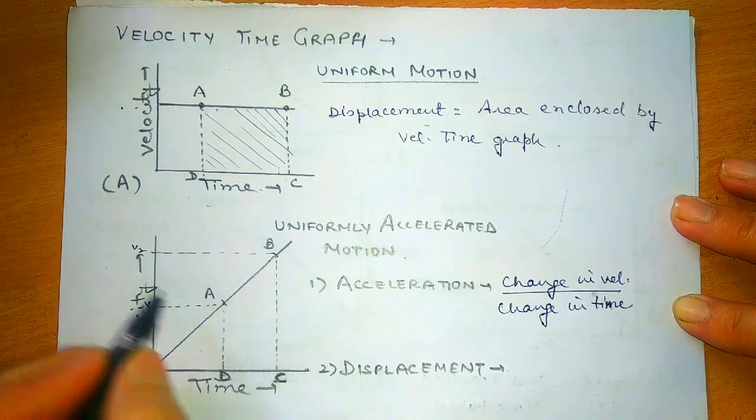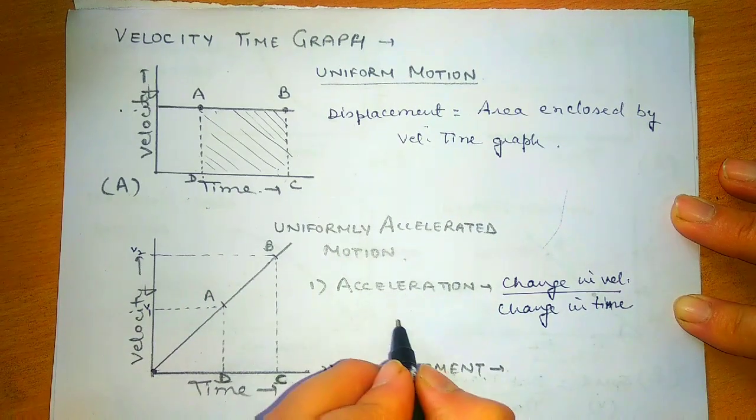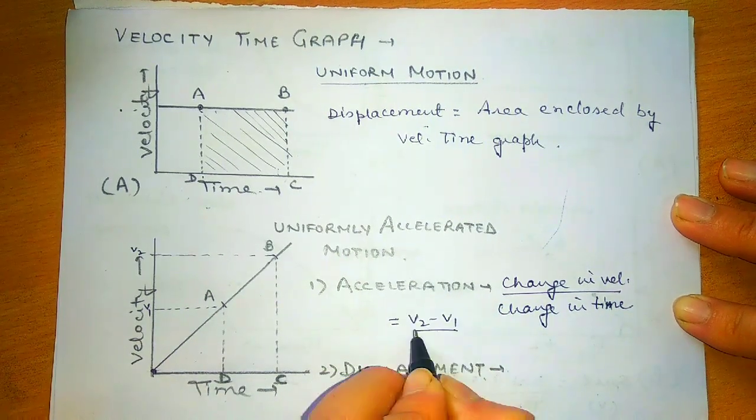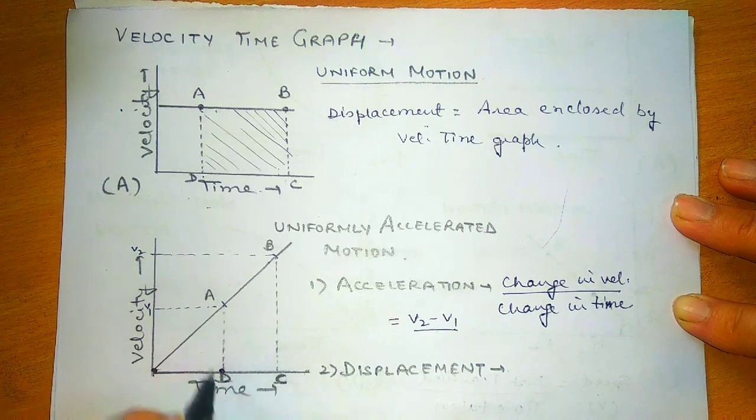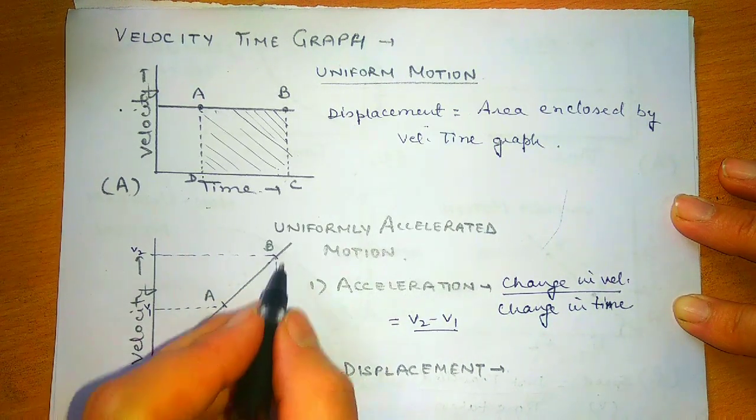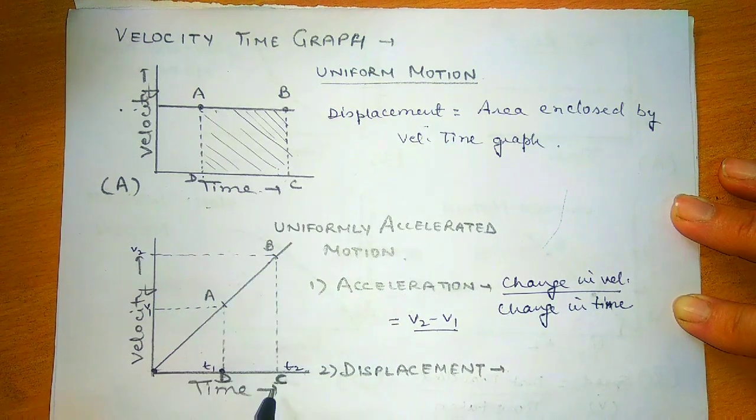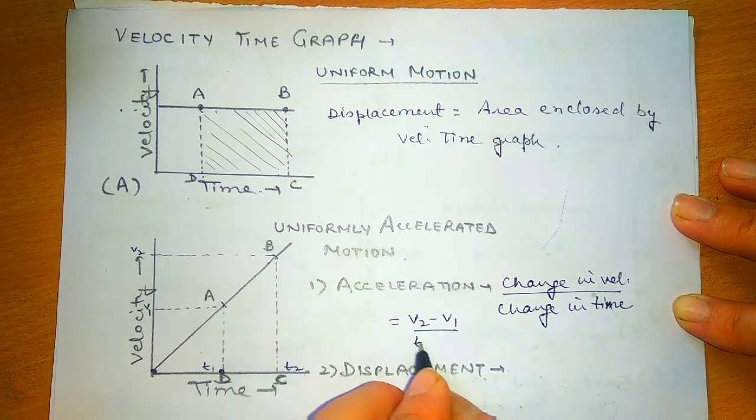So v2 minus v1 gives us the change in velocity. I can write here v2 minus v1 divided by, say, this is t1 time when the object is at A position, and t2 when the object is at B position. So change in time is again t2 minus t1.